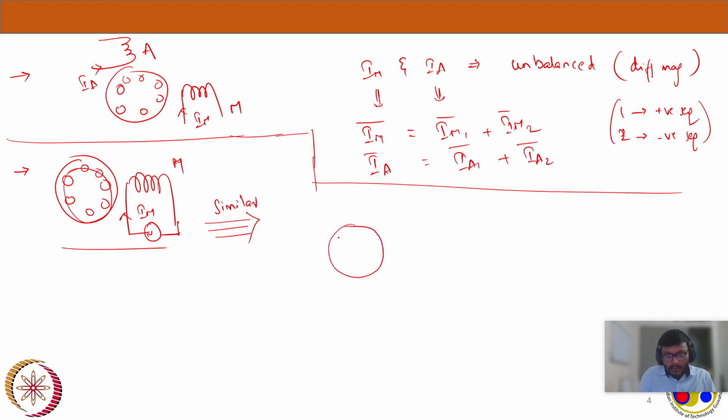I will have a rotor, again with a short-circuited cage winding, and I have a main winding to which I am giving AC supply. Till now, both are the same. Now I am imagining there exists another winding.